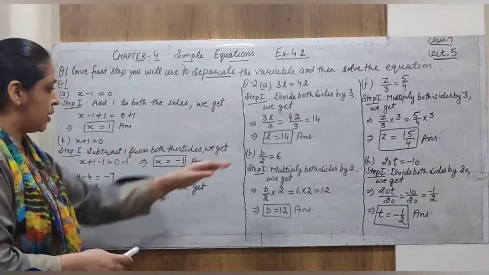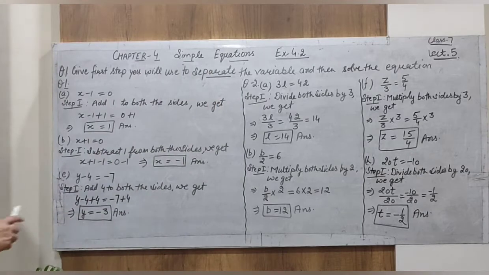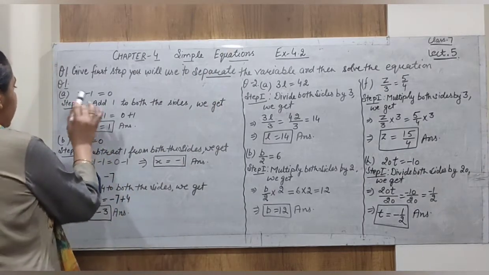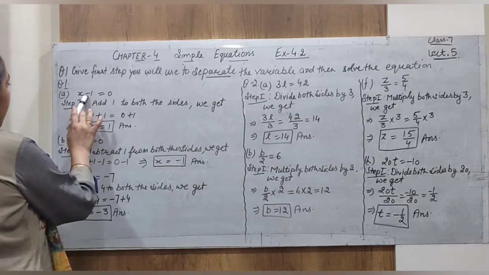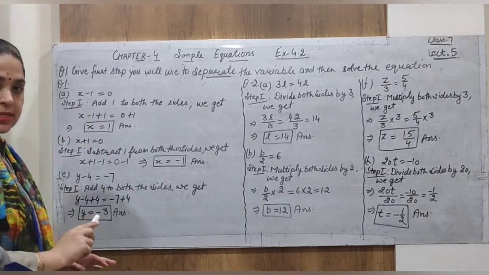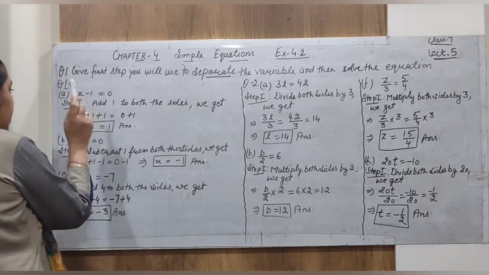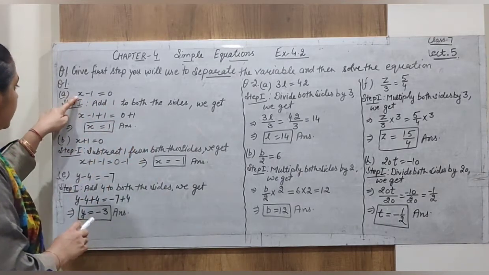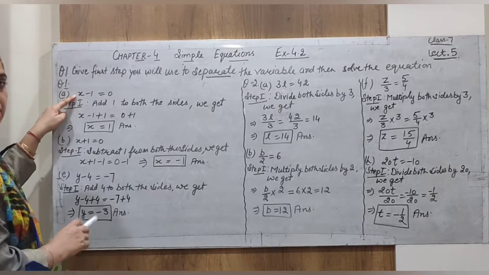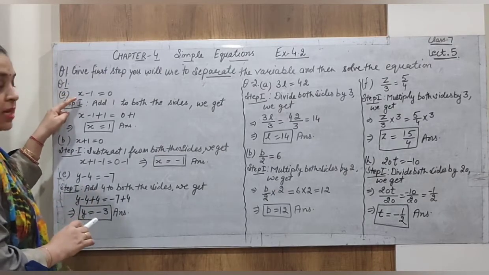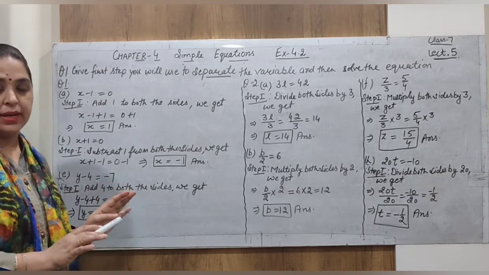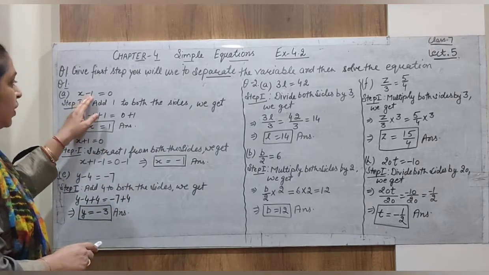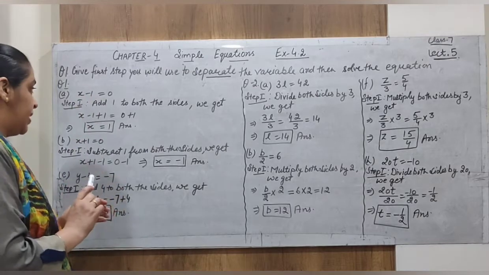In all these questions, the variable is given only on the left hand side. Now understand the first question: x minus 1 equal to 0. We have to separate the variable first. In the left hand side we need only x; 1 is not required there. So our first step is to remove 1 from the left hand side.